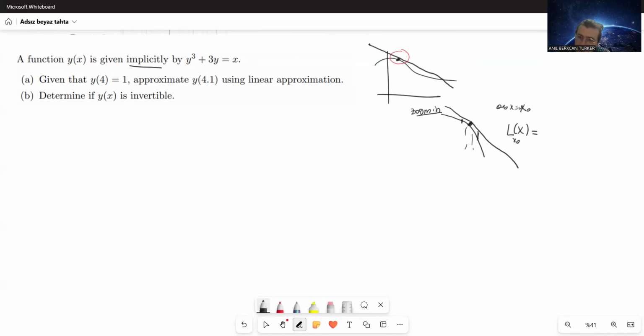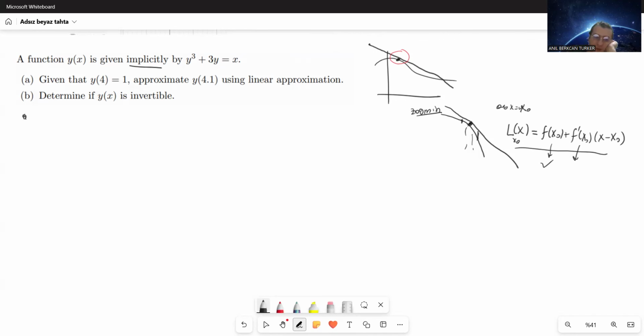It is just f of x0 plus f prime of x0 times (x minus x0). So I need to find this part, and y(4) is given. So my x0 would be 4, and this is given, right? I need to find f prime at this base point 4.